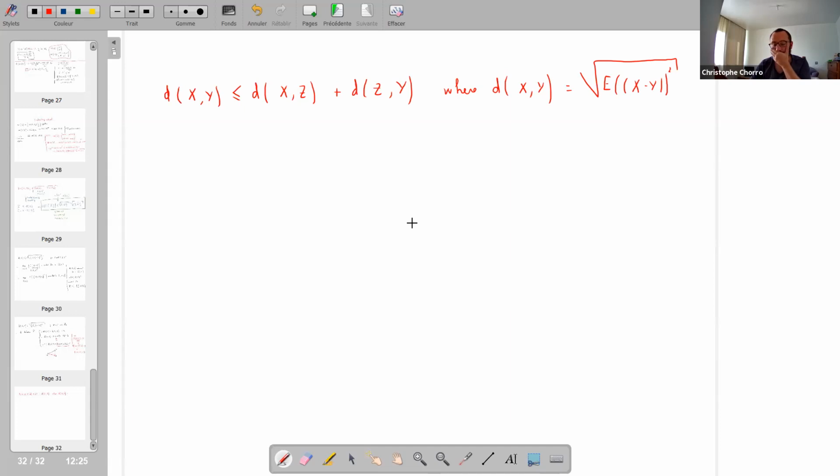So I have to prove this. We are going to prove an intermediate result, a kind of lemma, let's say. This lemma is called the Minkowski inequality.